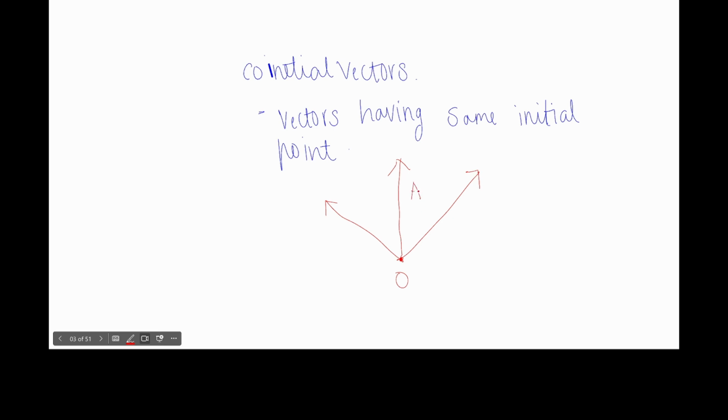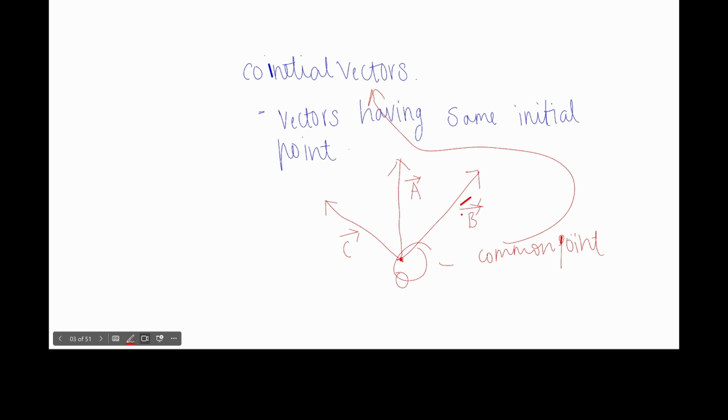Let me name them A, B, and this is vector C. So they have a common point. When they have a common point, we can say all such vectors are co-initial vectors.